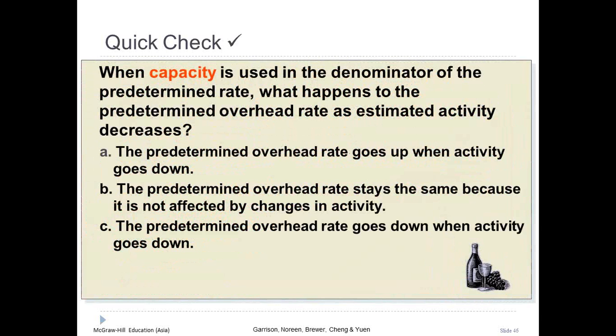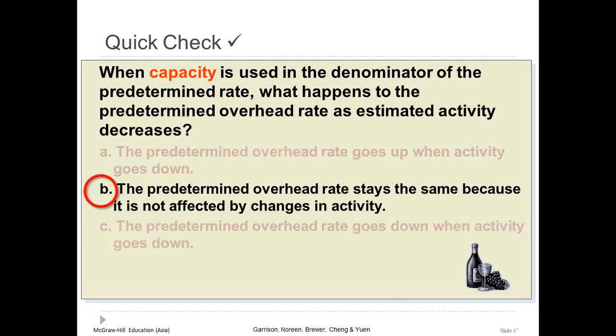When capacity is used in the denominator of the predetermined rate, what happens to the predetermined overhead rate as activity decreases? Well, the capacity number is larger, right? So the overhead rate will be less. Predetermined overhead rate stays the same because it's not affected by changes in activity level.